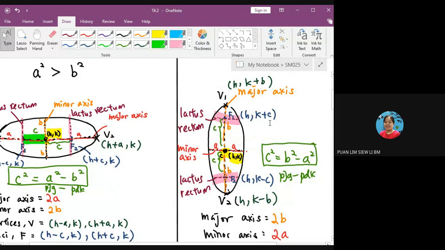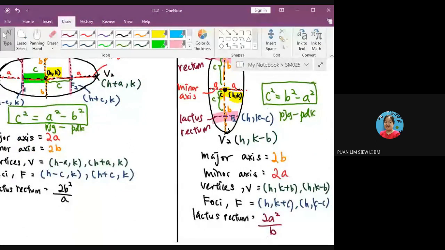So koordinat Y akan bertukar, kalau ke atas tambahlah nilai tersebut. Kalau you nak turun ke bawah, tolaklah nilai. So tolaklah nilai C untuk cari focal, tolaklah nilai B untuk cari vertices. So therefore in this ellipse, paling penting you mesti ada center, and then you mesti ada AB, dan you guna formula cari keluar C. So that will be our notes.